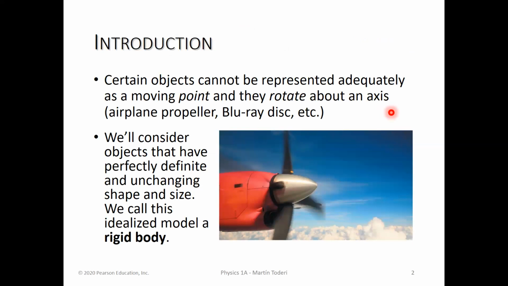So we'll consider objects that have perfectly definite and unchanging shape and size. That's what we call a rigid body, right? So it's basically an ensemble of particles, let's say tiny differentials of mass, that are not changing the distance between each other.